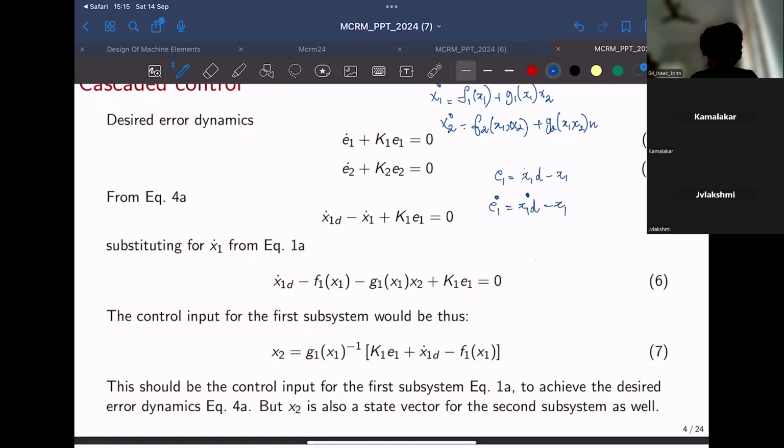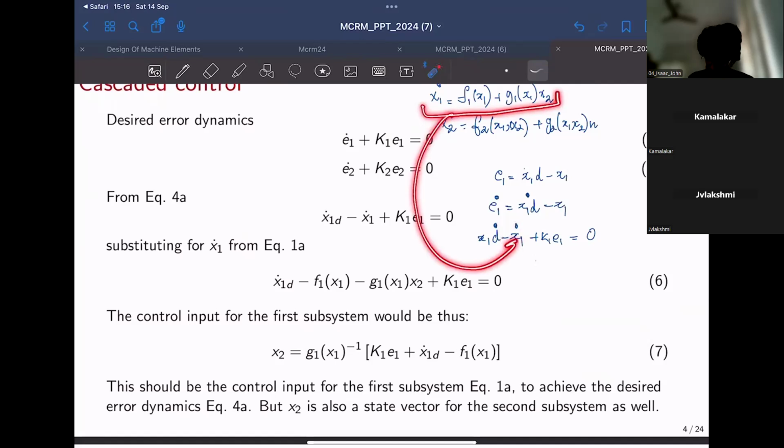So while doing that, you will get something like x1 desired dot minus x1 dot plus k1 E1. This will be 0, right? But what is this x1 dot? This is exactly what we have done in the previous lecture. So in place of this x1 dot, I'll substitute this subsystem over here.